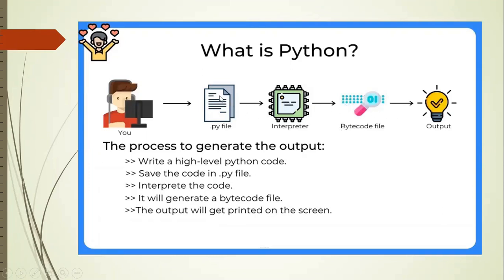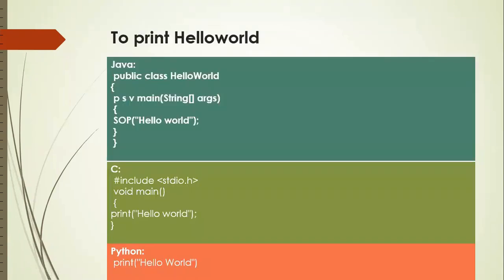It won't understand our English language. I will show you this. Suppose you consider this is the program: public class HelloWorld, public static void main, and System.out.println. The computer cannot understand these words.